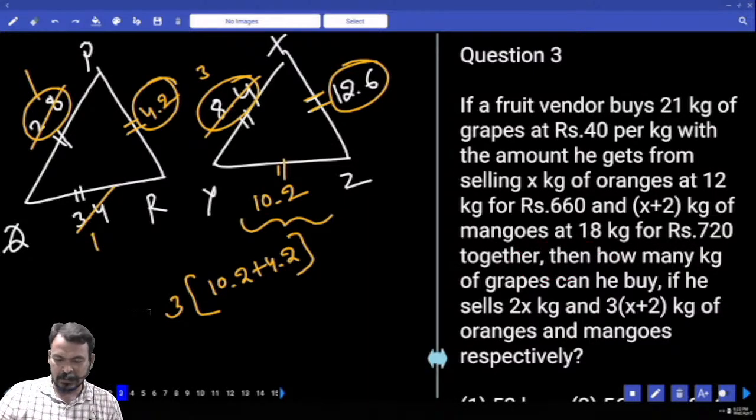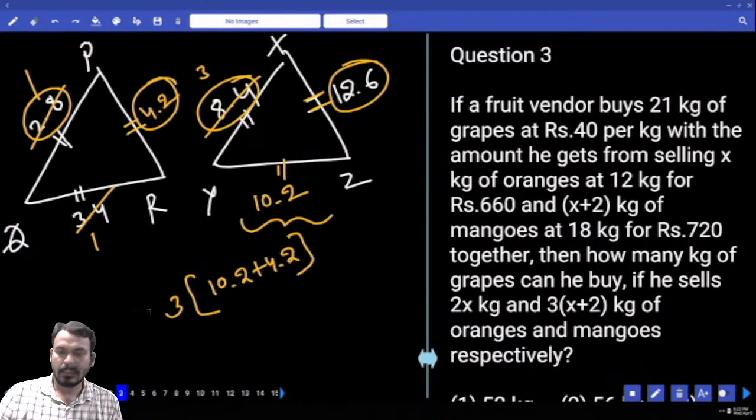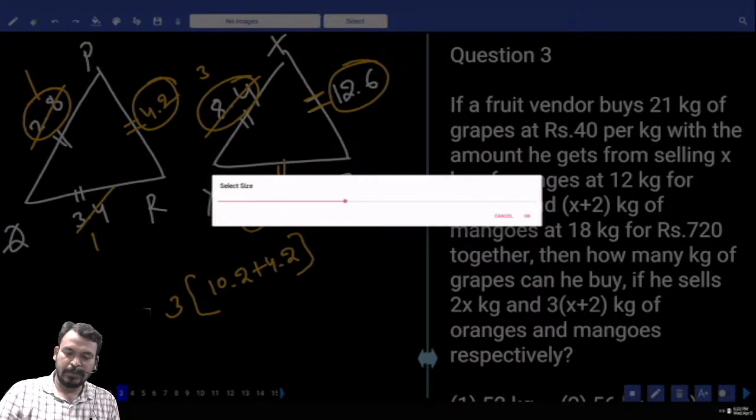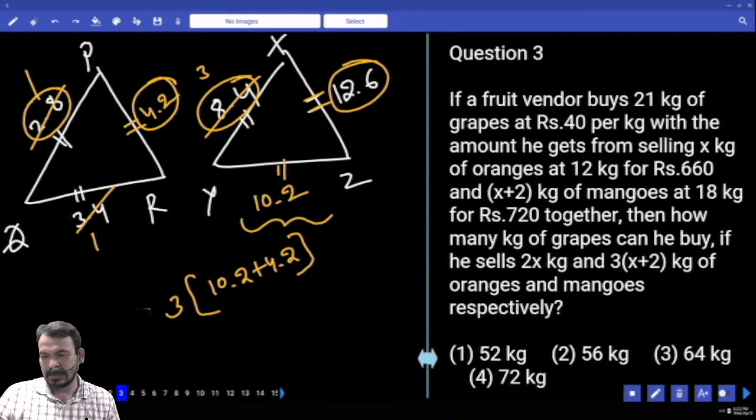Next, question number 3. If a fruit vendor buys 21 kgs of grapes at 40 rupees per kg, with the amount he gets from selling X kgs of oranges at 12 kgs for 660 and X plus 2 kgs of mangoes at 18 kgs for 720 together, then how many kgs of grapes can he buy if he sells 2x kgs and 3 into X plus 2 kgs of oranges and mangoes respectively, or not?